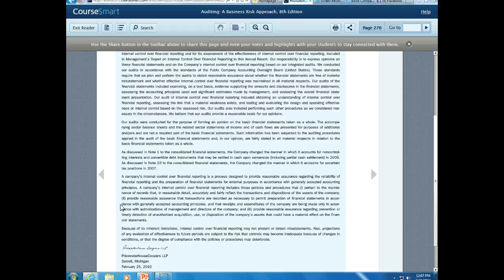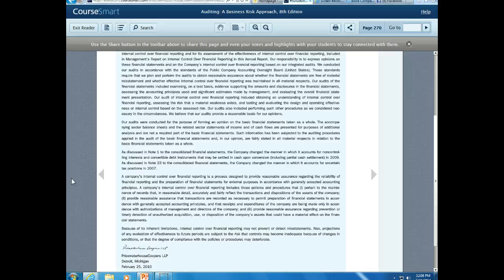A company's internal control over financial reporting includes those policies and procedures that pertain to the maintenance of records that, in reasonable detail, accurately and fairly reflect the transactions and dispositions of the assets of the company, and provide reasonable assurance that transactions are recorded as necessary to permit preparation of financial statements in accordance with generally accepted accounting principles, and that receipts and expenditures of the company are being made only in accordance with authorizations of management and directors of the company, and provide reasonable assurance regarding prevention or detection of unauthorized acquisition, use, or disposition of the company's assets that could have a material effect on the financial statements.